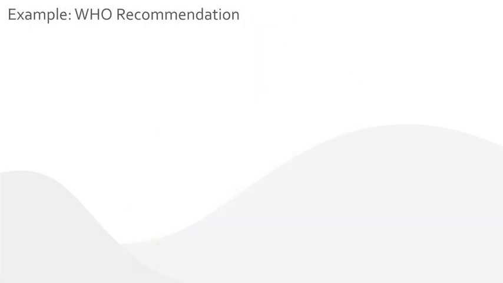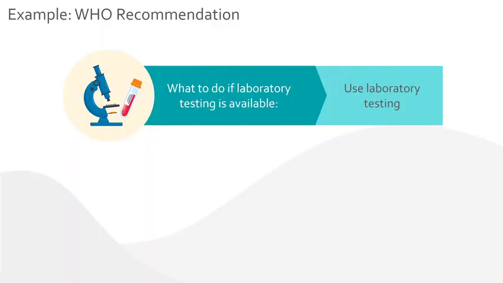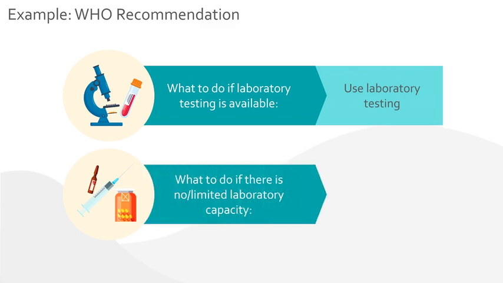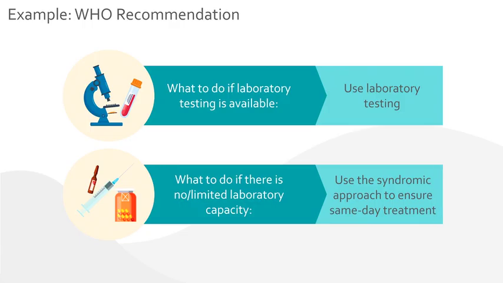For example, for women who present complaining of abnormal vaginal discharge, WHO recommends management based on quality-assured laboratory testing to treat gonorrhea and/or trachomatis and/or vaginalis. However, in settings with no laboratory capacity or with limited laboratory capacity due to constrained resources and reduced access to laboratory facilities, WHO suggests using the syndromic approach to ensure same-day treatment.